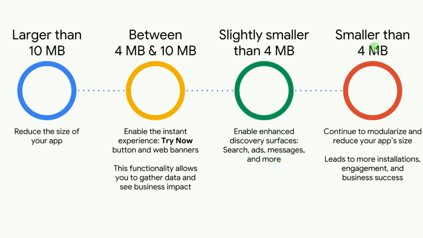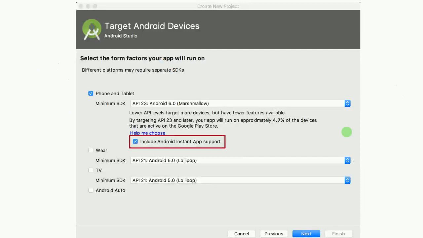And if it is significantly smaller than 4 MB, let's say 2 MB, then continue to modularize and reduce your app size, which leads to more installations, engagement, and business success. So your app has to be of a minimalistic size. I'm talking about Android Instant App here, right? Your Android Instant App has to be smaller than 4 MB so that you can gain more trials of your app, and hence ensure the success of your business.